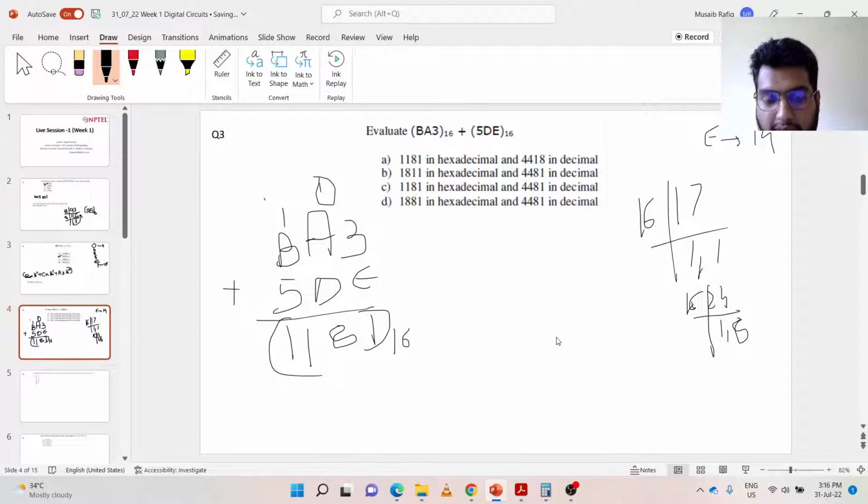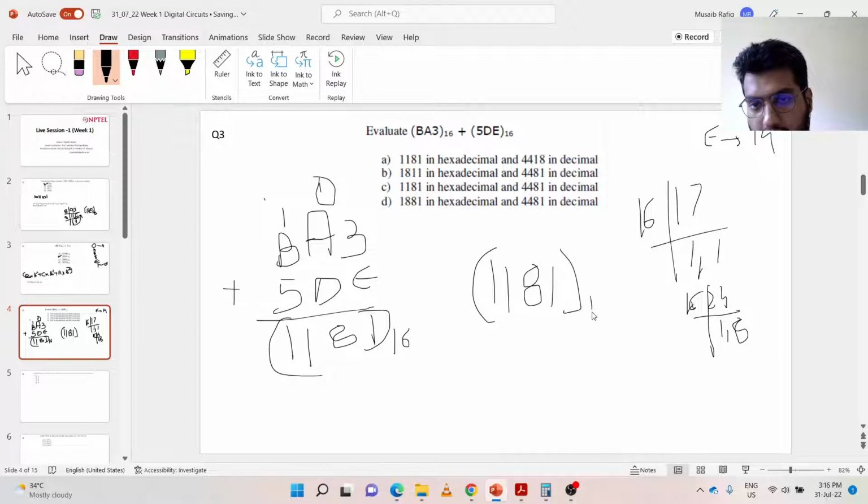Now we have to find the decimal part. So we can convert this 1181 into decimal. How will we do it? Just like previously, we find 16 to the power 0 multiplied by 1, this one. Then at the first position, 16 raised to power 1 multiplied by 8. Then 16 raised to power 2 multiplied by 1.